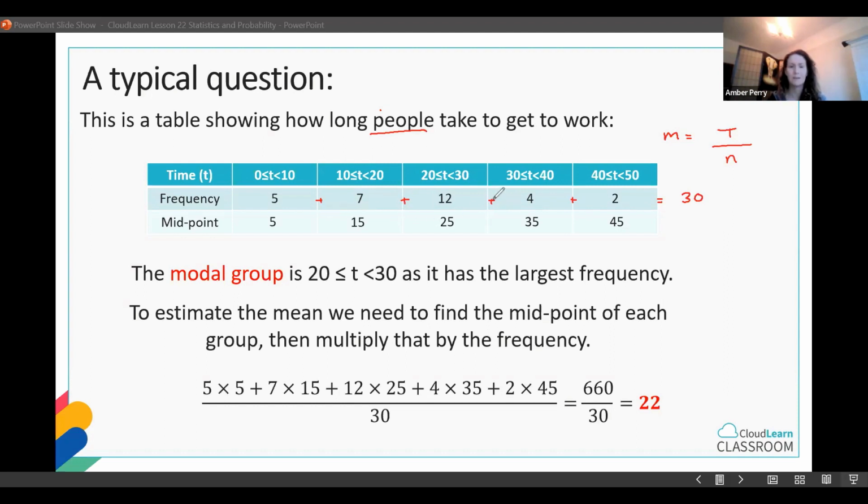So it's just the total frequency. Okay, all right, great. Any other questions?